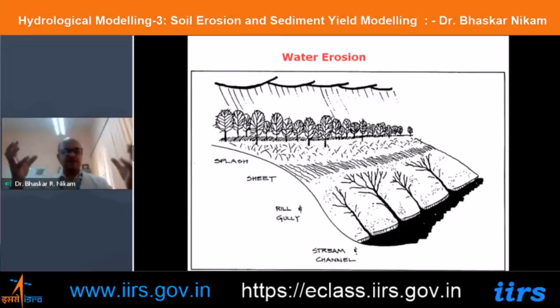Splash will cause detachment of particles and their transfer to a nearby area, not very far, somewhere around 2 feet from their own location, where they will be thrown away.